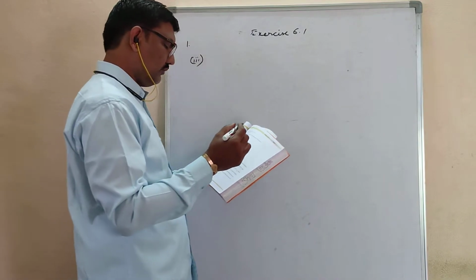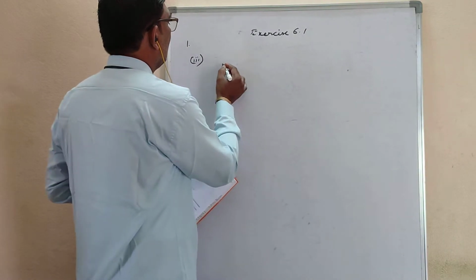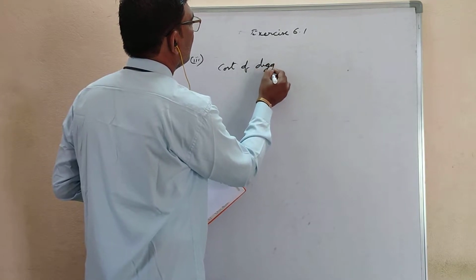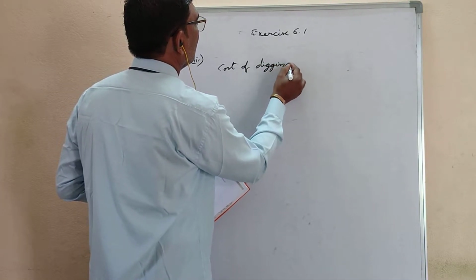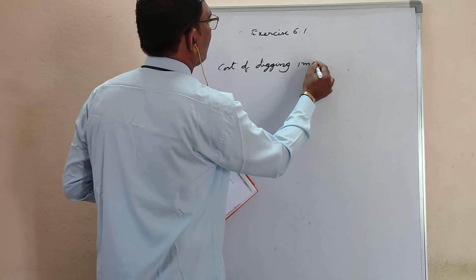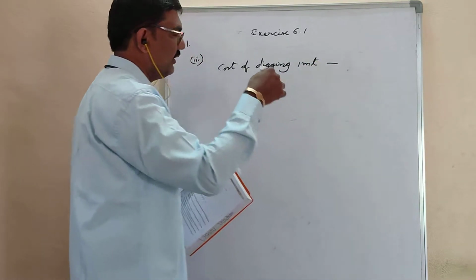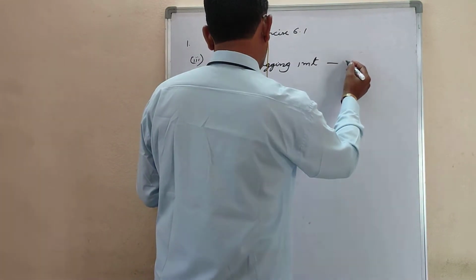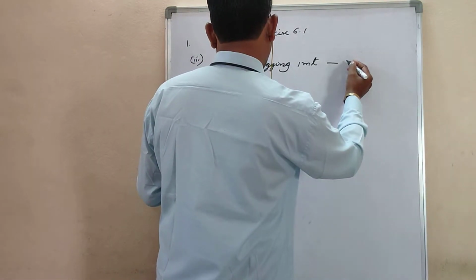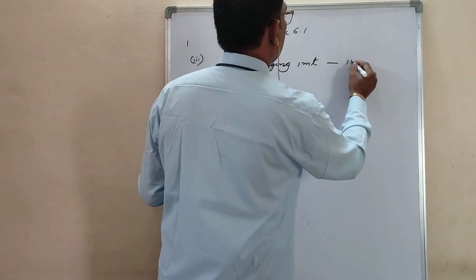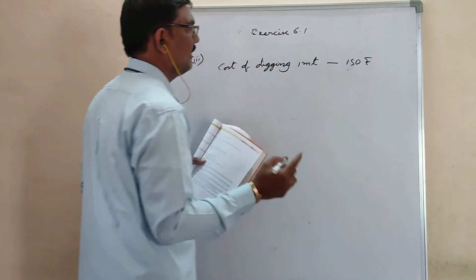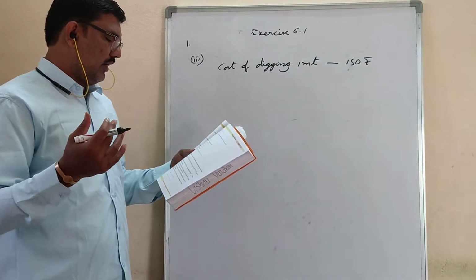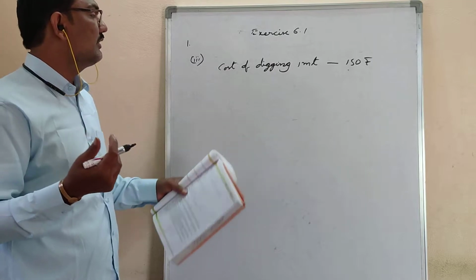So cost of digging 1 meter, if it is dug, for the first 1 meter it costs 150 rupees. Rises by 50 rupees for each subsequent meter.